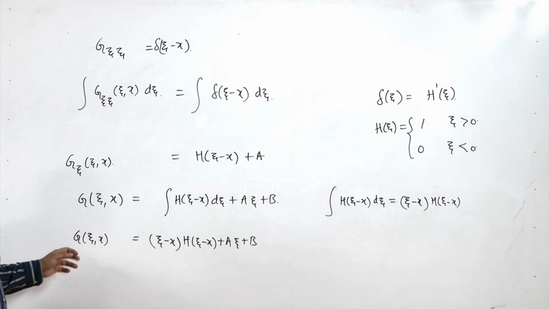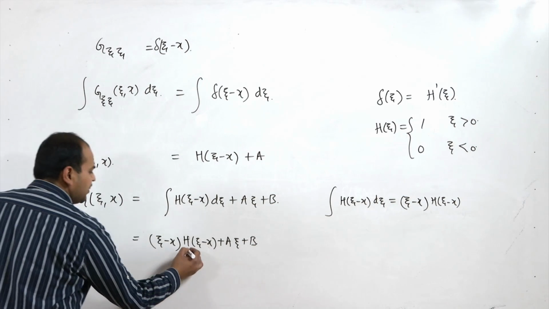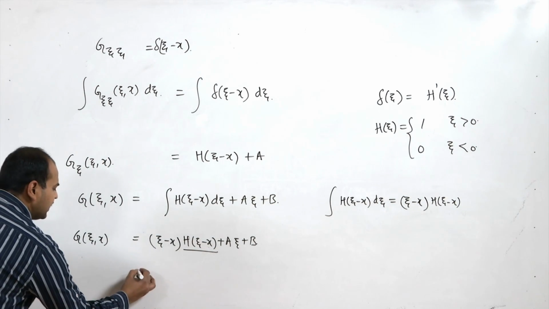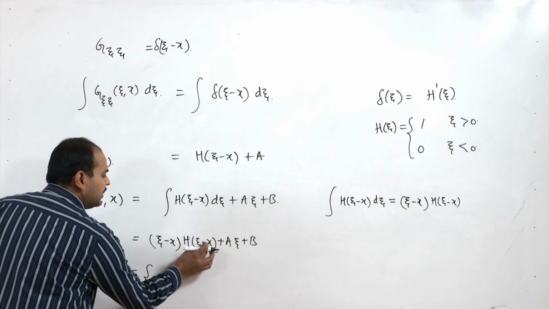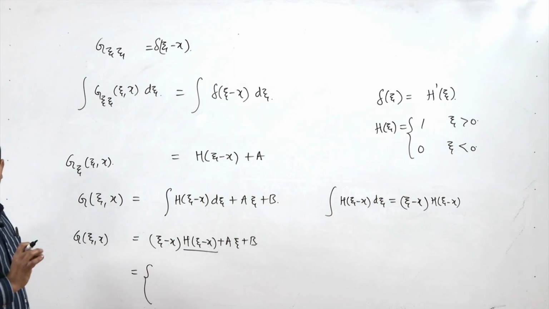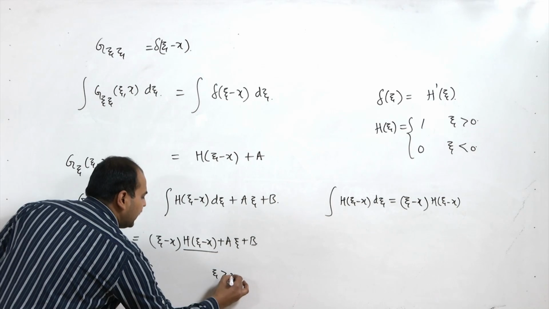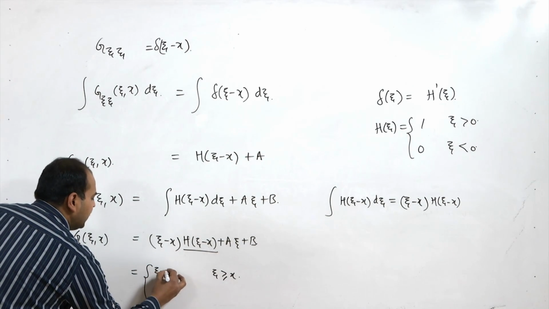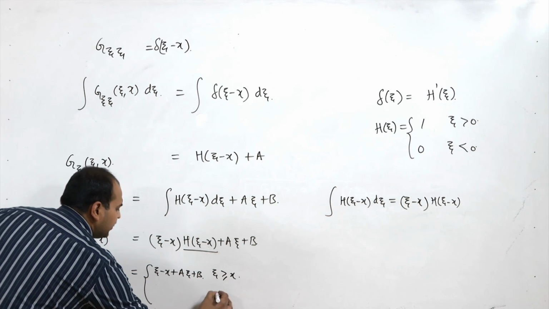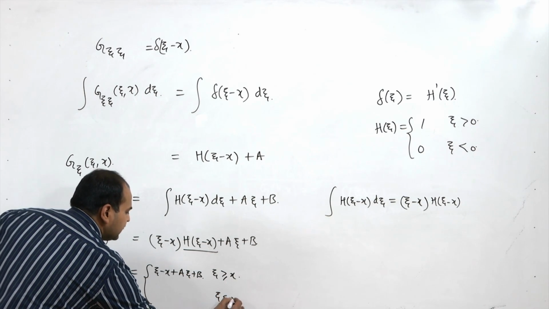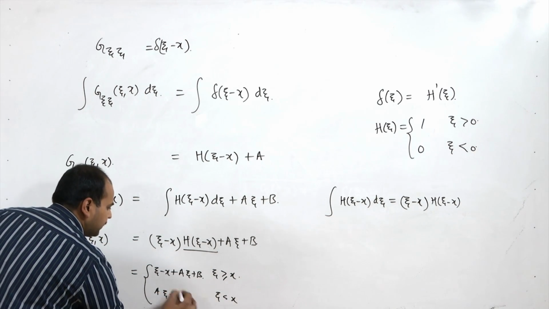Once we have g(ξ, x) in this form, then using the definition of H, this will activate when the argument of H is positive. So when ξ is greater than x, we have (ξ − x) plus aξ plus b, and when ξ is less than x, we have aξ plus b.